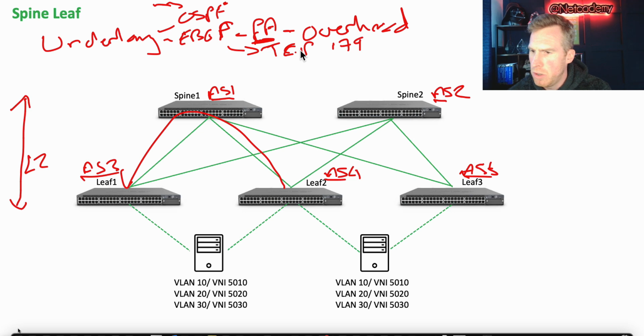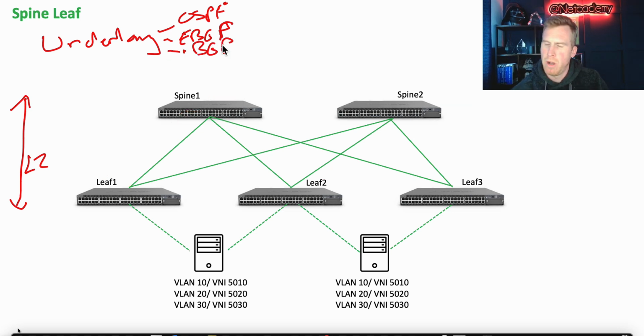How about if you use iBGP? Well, iBGP, yes, you could get it to work. I've not tested it, so I do wonder if you'd need a layer below iBGP before you even started referring to it as the underlay. But essentially, it could work. However, the point is that when it comes to iBGP, there is this concept of full mesh.